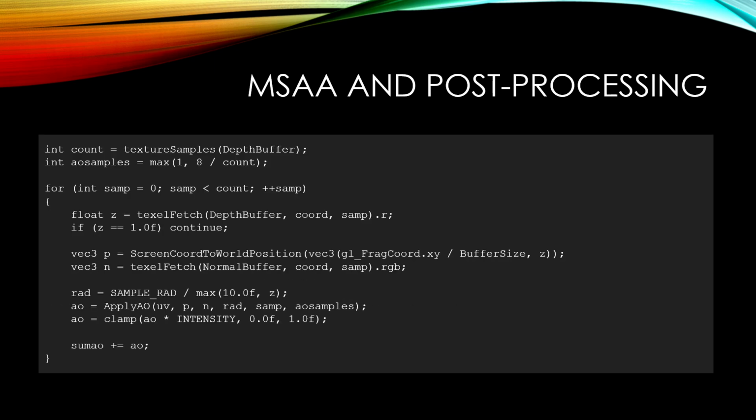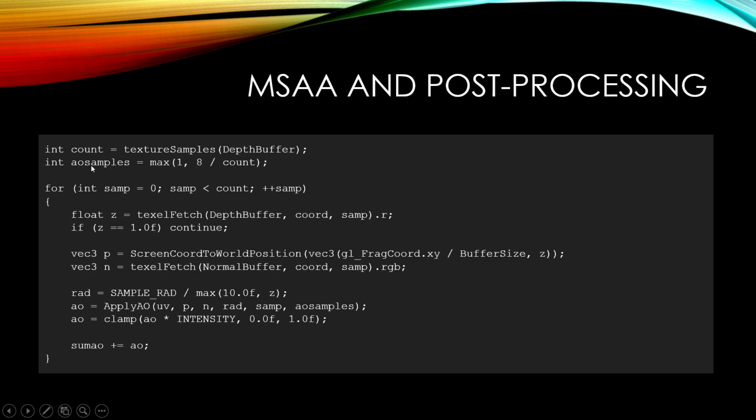Something pretty interesting came up in the screen space ambient occlusion effect. This is actually the only effect I have that utilizes the depth buffer. Actually, no, that's not true because DOF does too. But what I did here was first get the number of texture samples in that depth buffer. If it's using 8x multi-sampling, then that count is going to be 8. If it's 4, it's going to be 4.